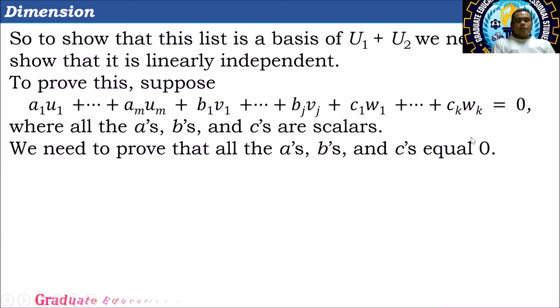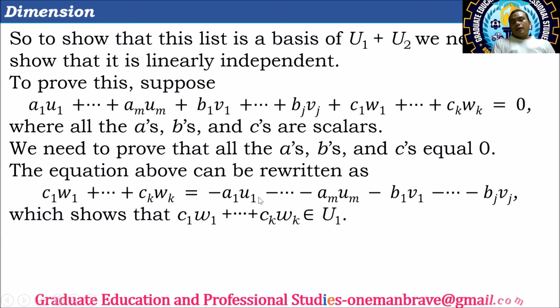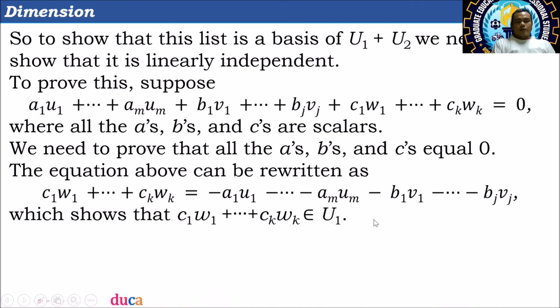So the equation above can be rewritten. We can rewrite this as the negative of the linear combination of a's and u's and b's and v's, which shows that the sum of c's and w's is an element of U1.